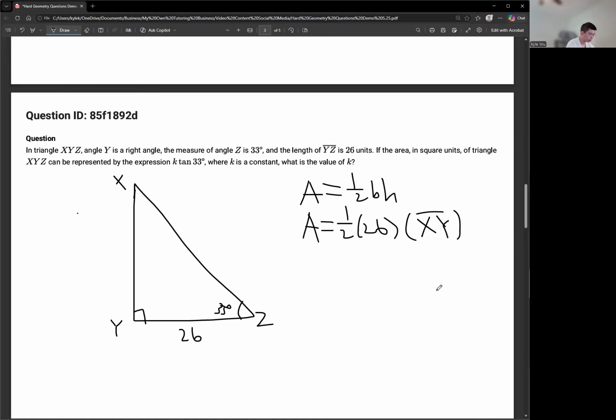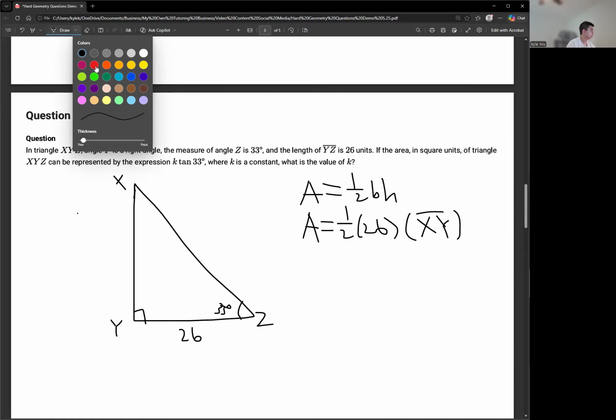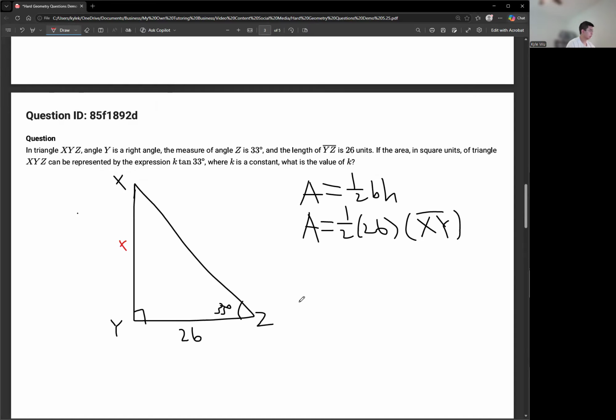But I want you to recall your trig functions, sine, cosine, and tangent. XY right here, let's call that x. And think about like you have the base 26, you have that angle 33.